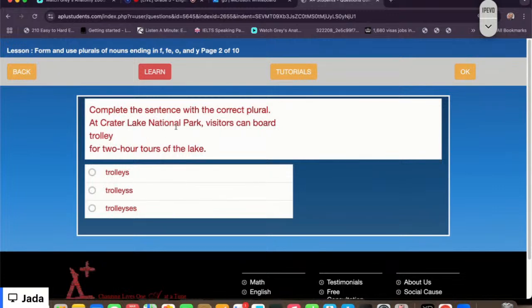So at Crater Lake National Park, visitors can board trolleys for 2 hour tours of the lake.